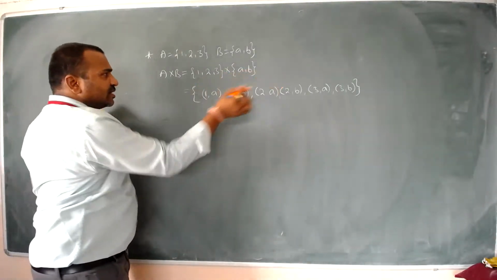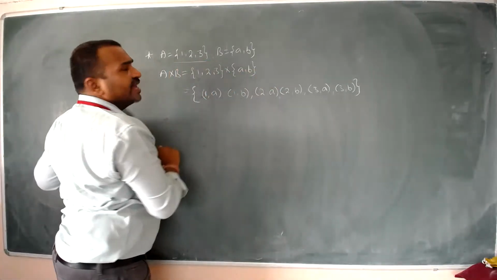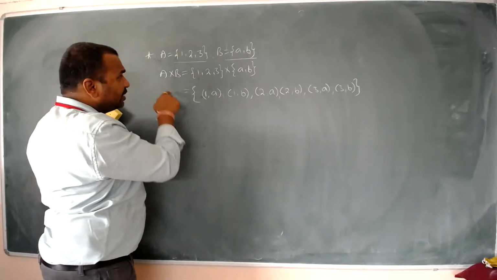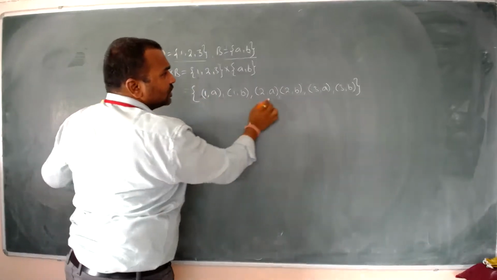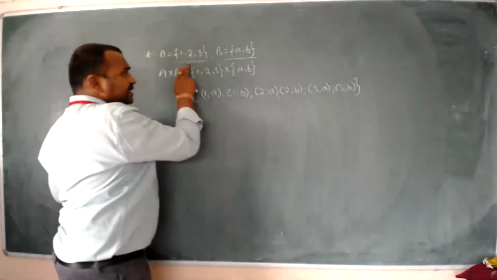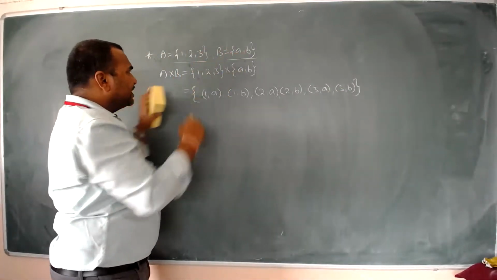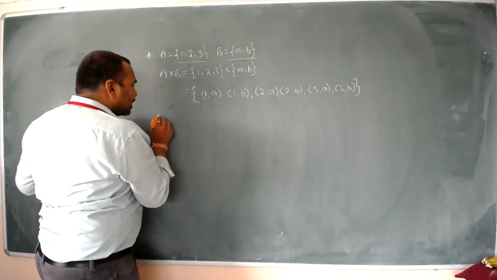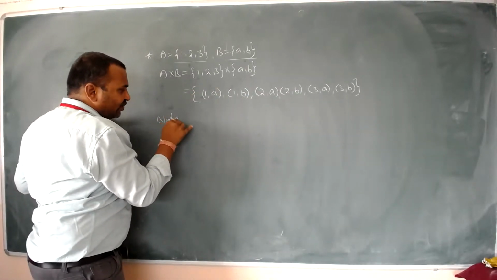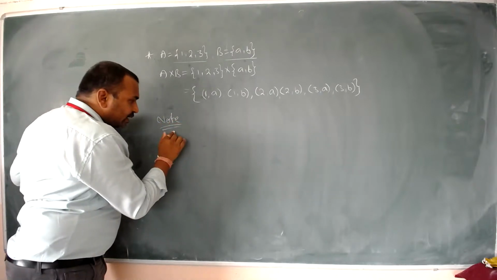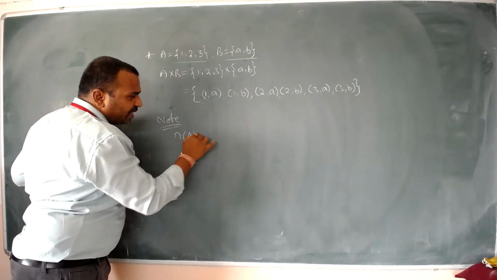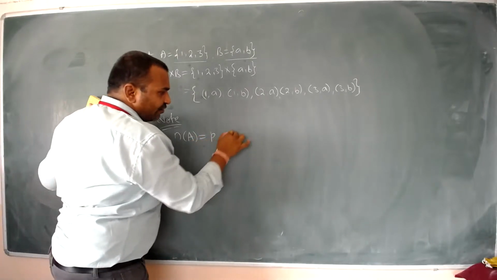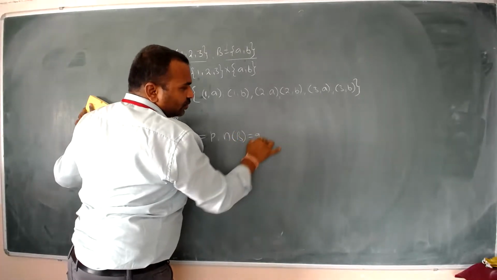Now, just observe. How many elements does A have? 3. How many elements are there in B? 2. So how many elements are there in A cross B? 1, 2, 3, 4, 5, 6. A has 3 elements, B has 2 elements, then A cross B has 6 elements, 3 into 2. So remember, this we will use as a formula. n(A) is equal to p, meaning the number of elements in A is p. n(B) is equal to q.